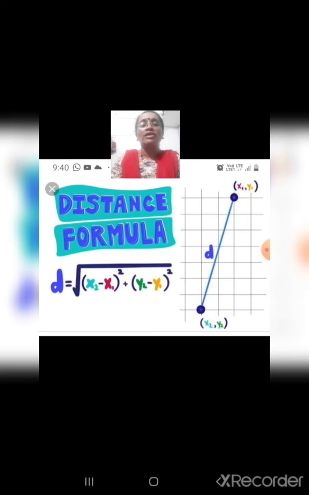If the second point is (x2, y2), and the distance between these 2 points is considered as d, then d is equal to the square root of (x2 minus x1) whole square plus (y2 minus y1) whole square. This is the distance formula. Distance formula, d is equal to root of (x2 minus x1) whole square plus (y2 minus y1) whole square.